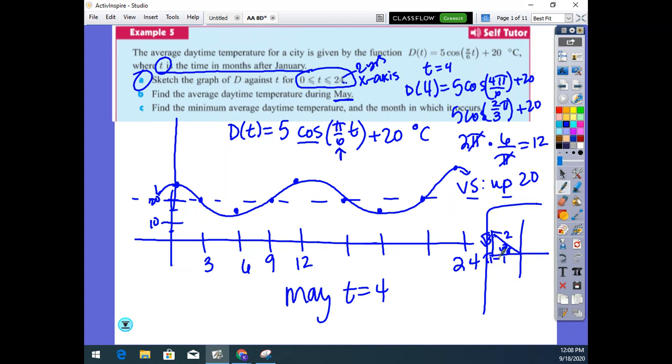And cosine is -1/2, x over r. So we get 5 times -1/2 plus 20. And that gives us 17.5 degrees. All right, so if we look at that, does it make sense?